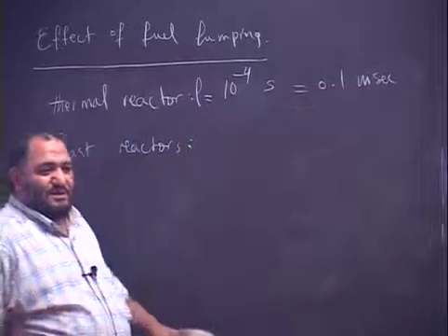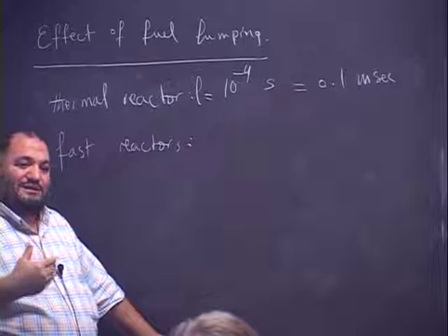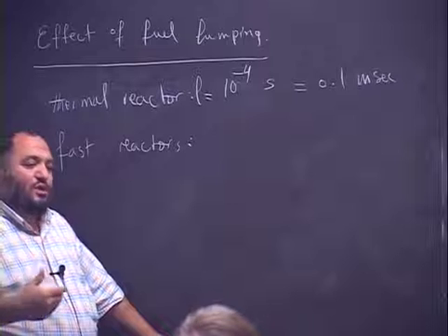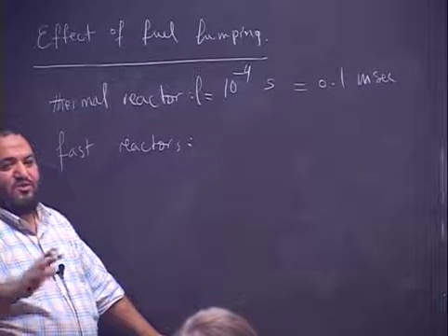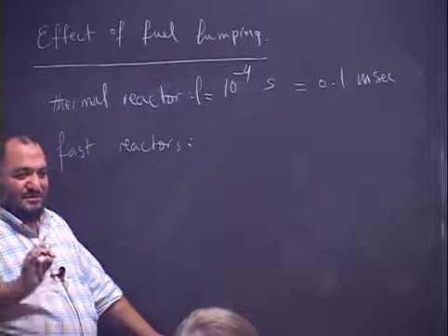What does it mean? It means that the neutron will take 0.1 millisecond, on the average, from the moment it is born in fission to the moment it will be absorbed. On the average, in thermal reactors, 0.1 millisecond, very fast.